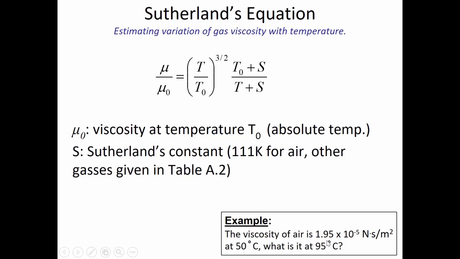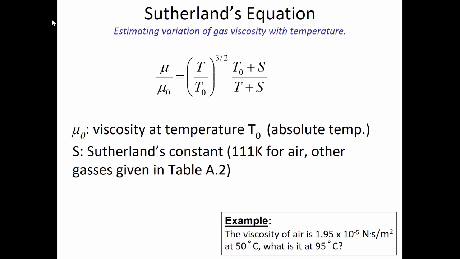Another thing that you need to know for the homework assignment is Sutherland's equation. Sutherland's equation is a way to estimate the variation of gas viscosity. Sometimes you can just look up the viscosity for a certain temperature in a table, but other times you don't have a table available, so you can use this equation to estimate the viscosity at other temperatures.